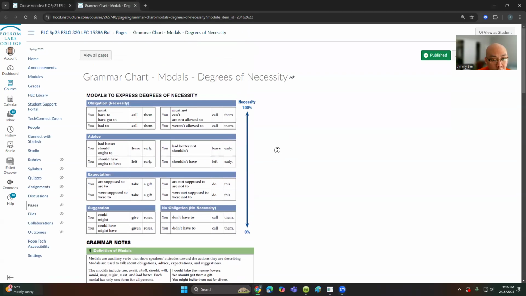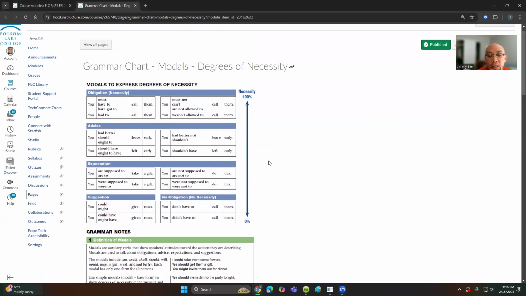Okay, so necessity. So thinking of something that we need at 100%, the strongest form: must, have to, have got to, had to also. And then as advice, something that we make or recommend, right? Had better, should, ought to, should have, ought to have.